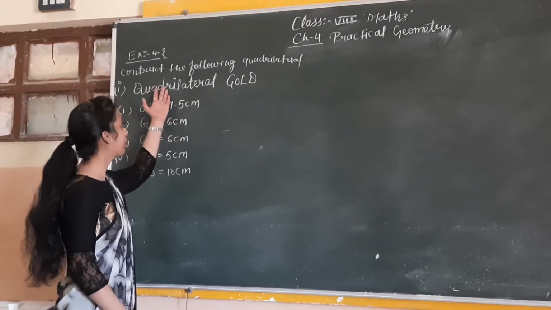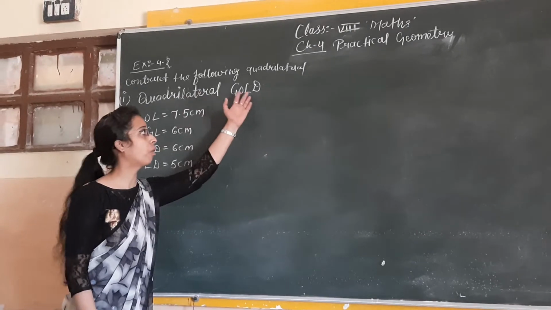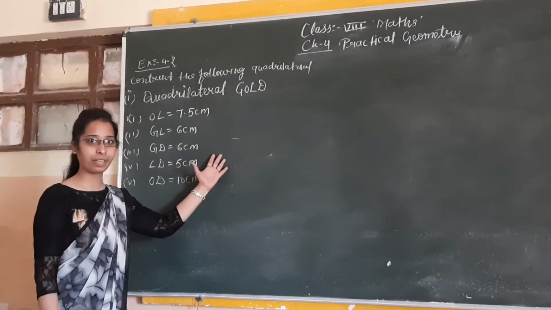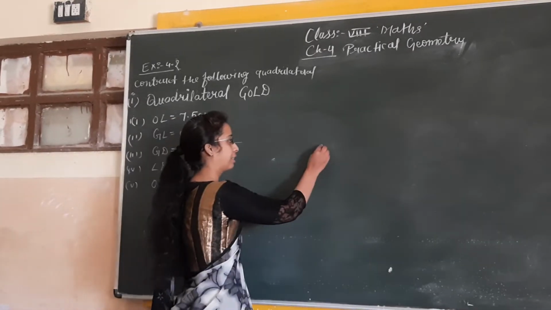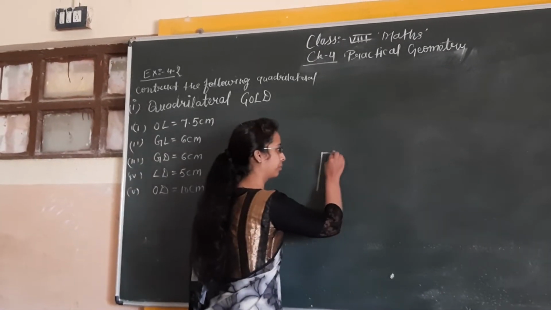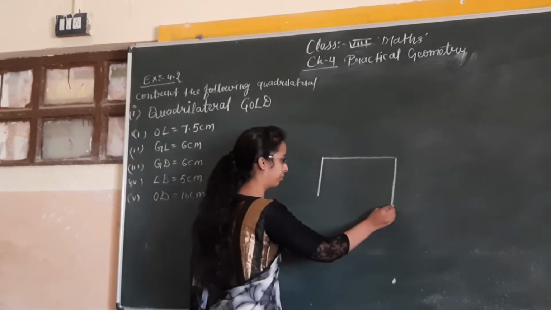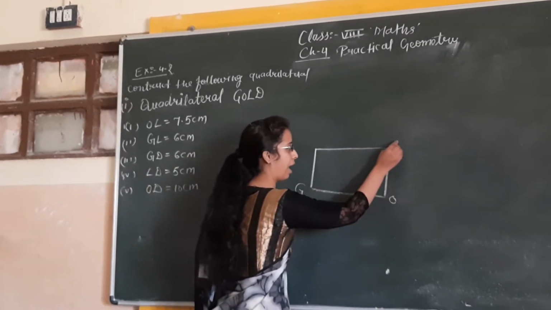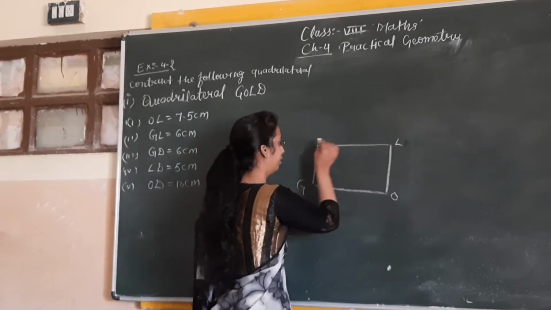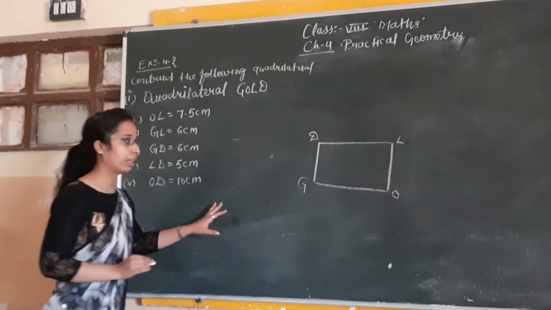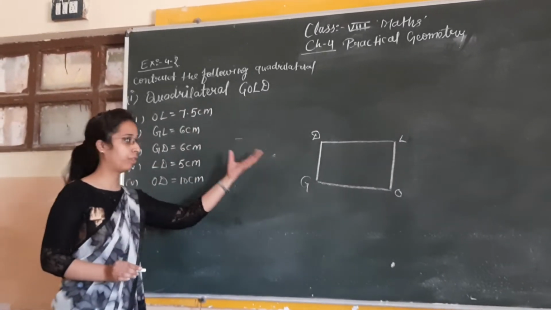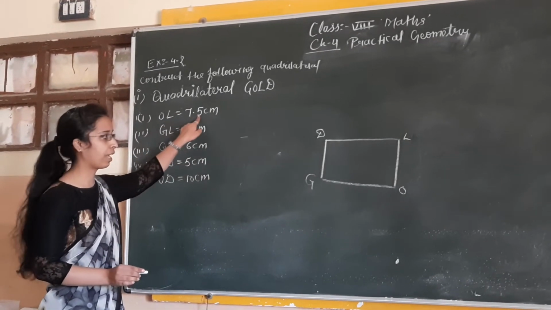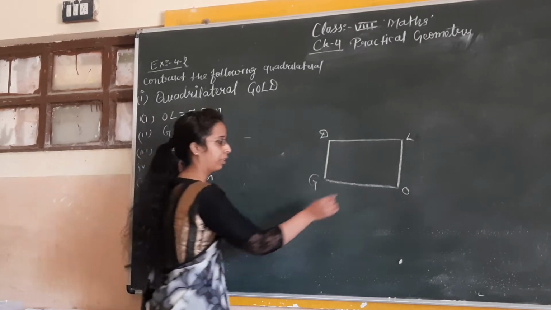Now the next question, quadrilateral GOLD. Firstly we draw a rough sketch with G, O, L and D. After that we observe which sides are given.